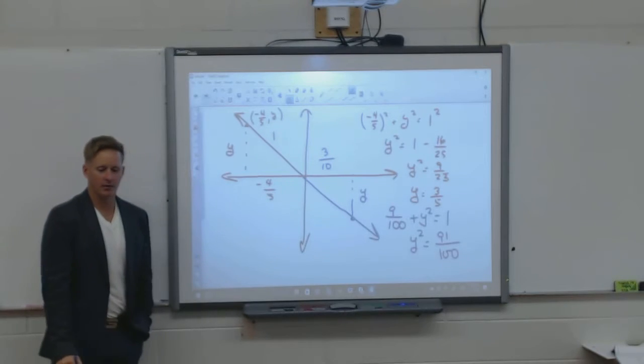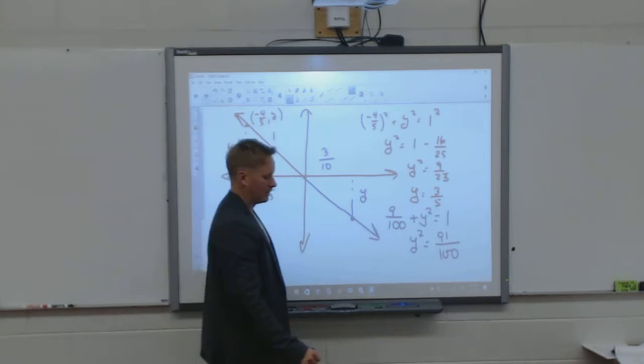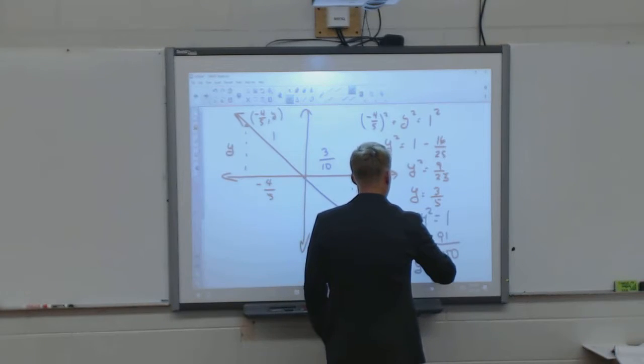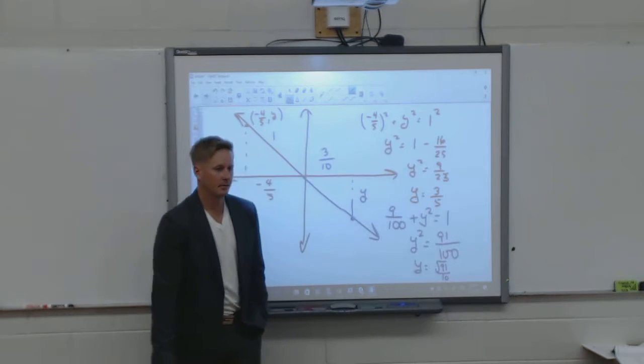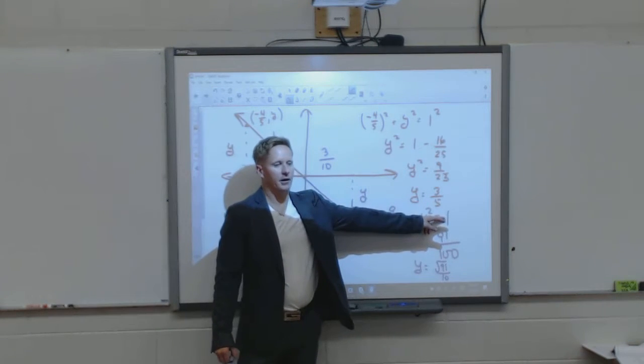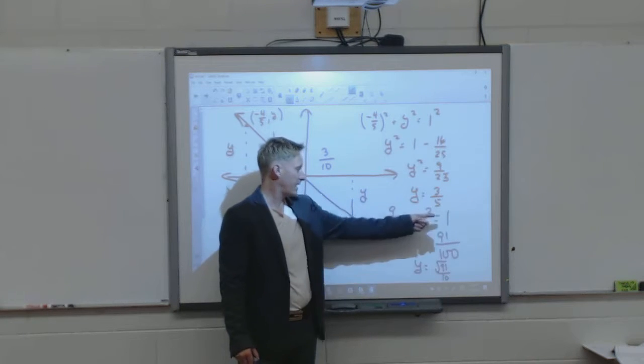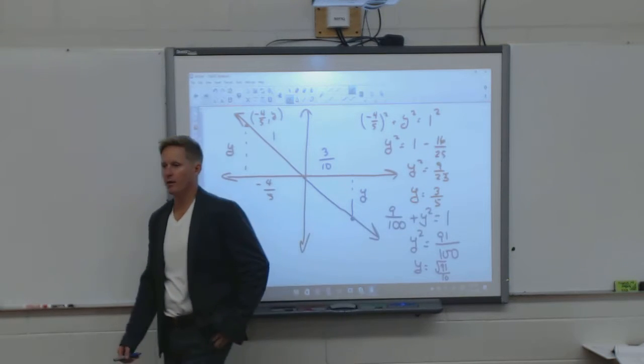I'll subtract it over, right? y is equal to the square root of 91/100. That's 100/100, right? So when I subtract that over, I get 91/100.